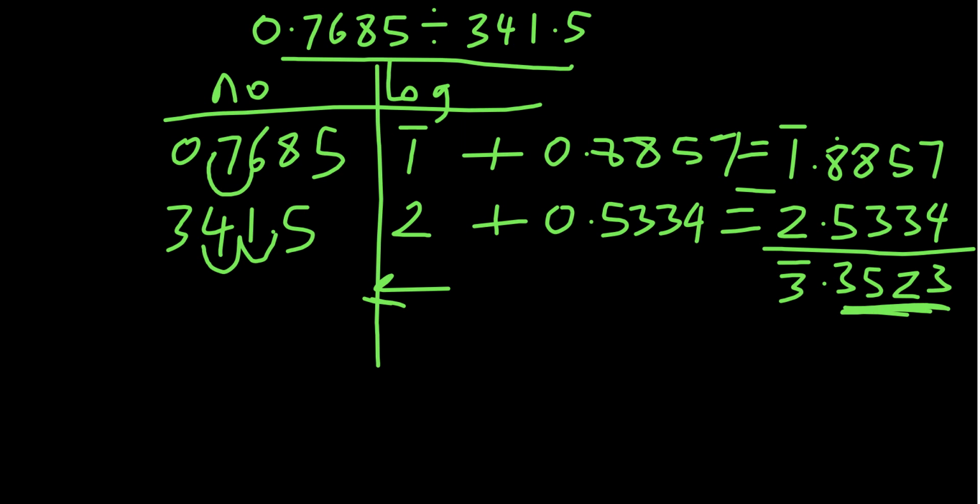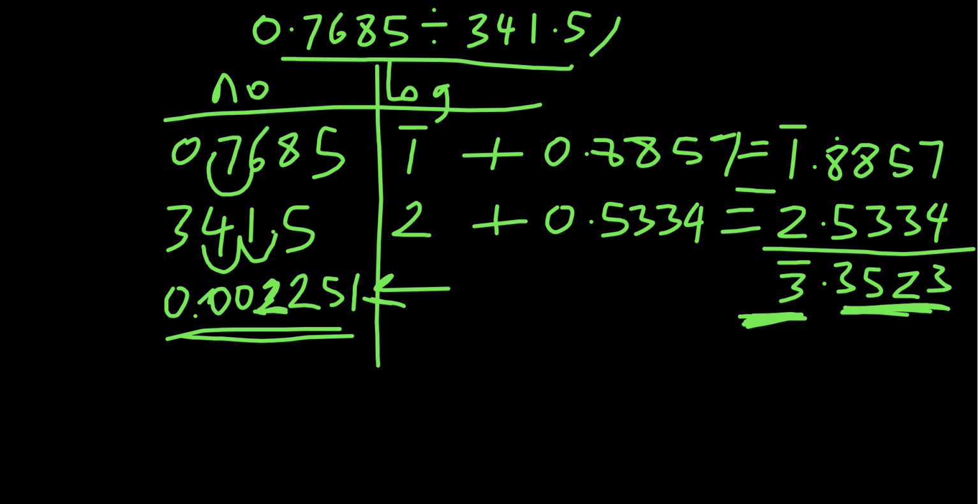If you add them together, you're going to get 2251, and you have a characteristic of bar 3 here. You use this to determine the place where the decimal point will be. Since it is bar 3, it means the decimal point is going to come three places before the numbers, so you put 2 zeros after the decimal point, before the number. This is the answer to this question.